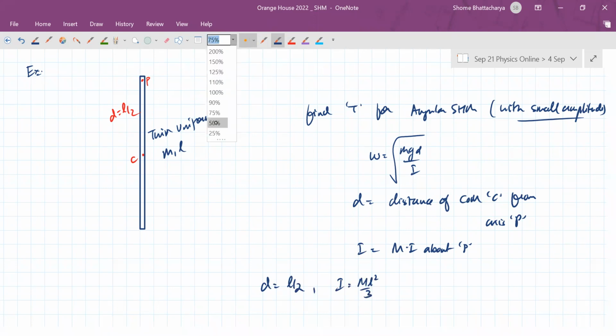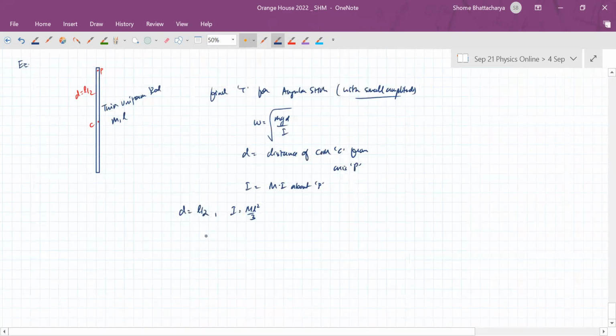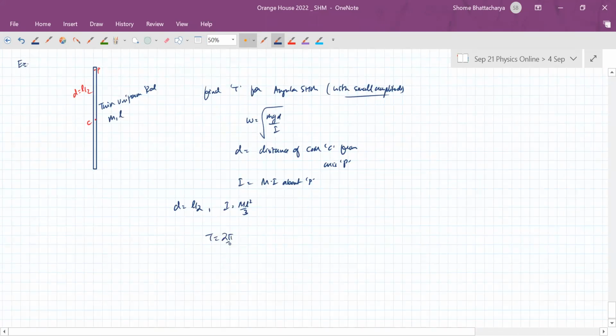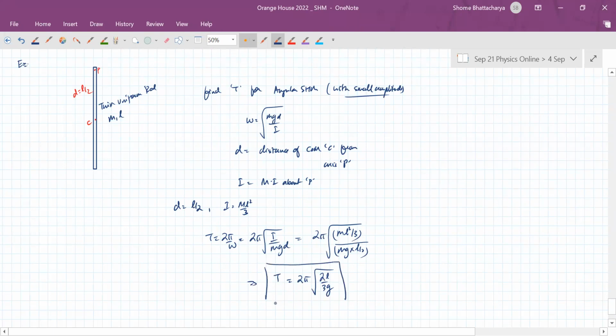So this is the knowledge you need from rotational mechanics to substitute over here. So time period, which is 2 pi by omega, becomes the formula for time period.